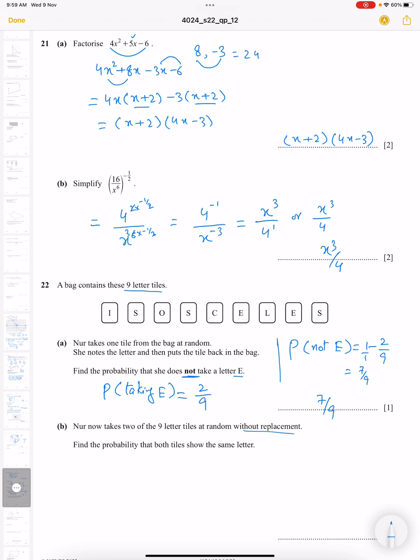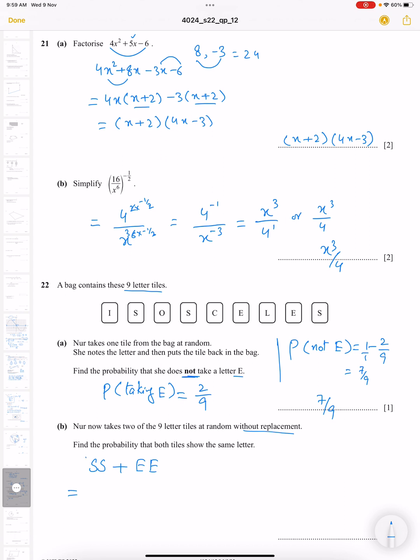Noor now takes 2 of the 9 letter tiles at random without replacement. 2 tiles. Find the probability both show the same letter. Same letters are there, SS, that can be SS plus EE, the letters which are repeating. No other letter apart from these is repeating. So take probability of SS.